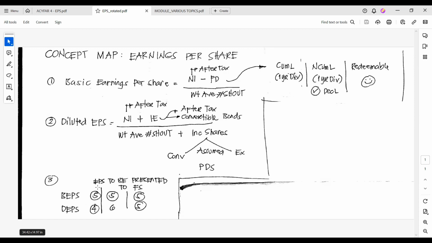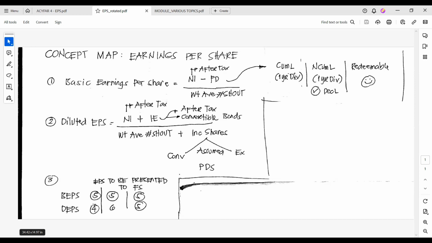So if the BEPS is 5 and the resulting figure using the formula of the diluted earnings per share is 4, so this is actually diluted. And the BEPS and the DEPS should be presented in the financial statements.